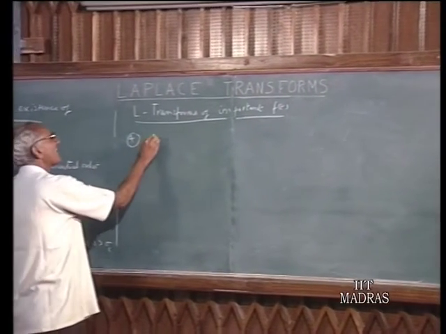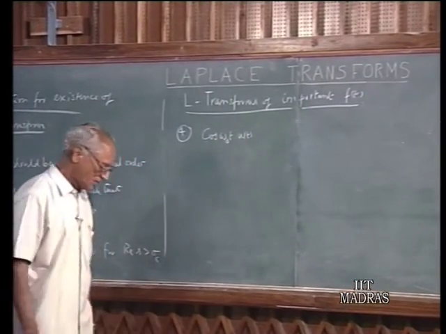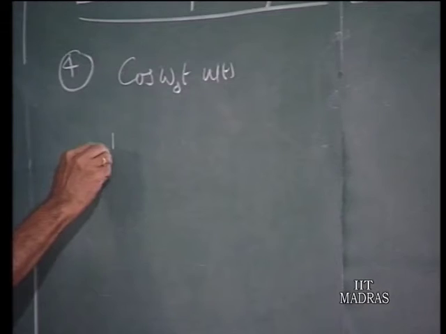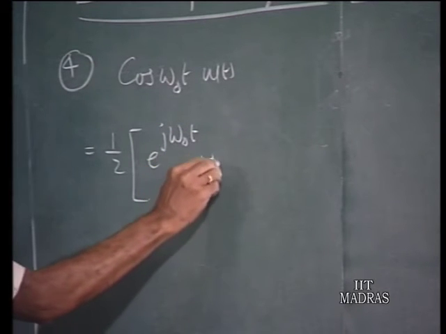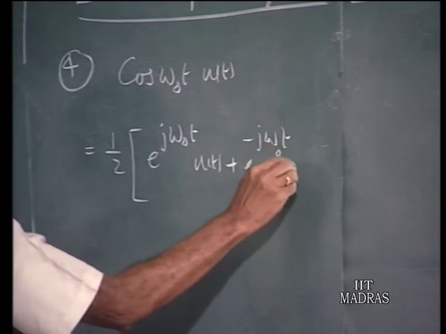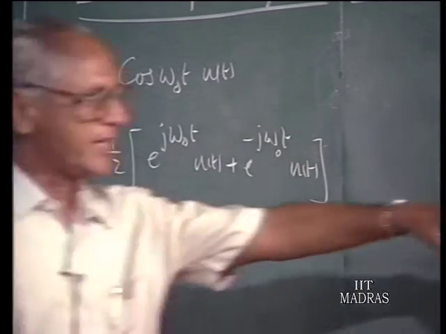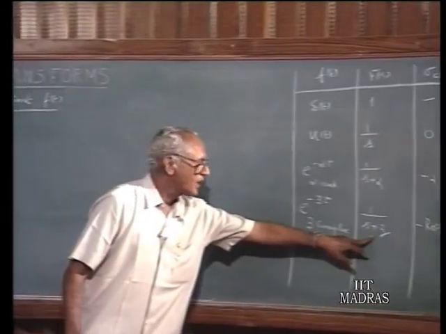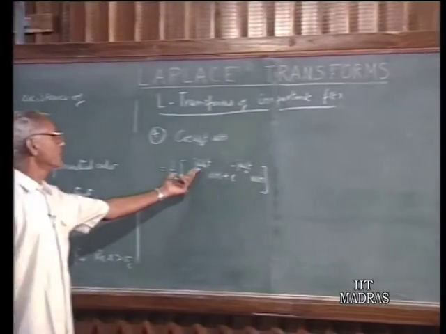Suppose I take cos omega naught t u(t). This can be written as 1/2 of e to the power of j omega naught t u(t) plus e to the power of minus j omega naught t u(t). And since we have found out that e to the power of minus z t has 1 over s plus z as its Laplace transformation, then instead of z we have j omega naught.